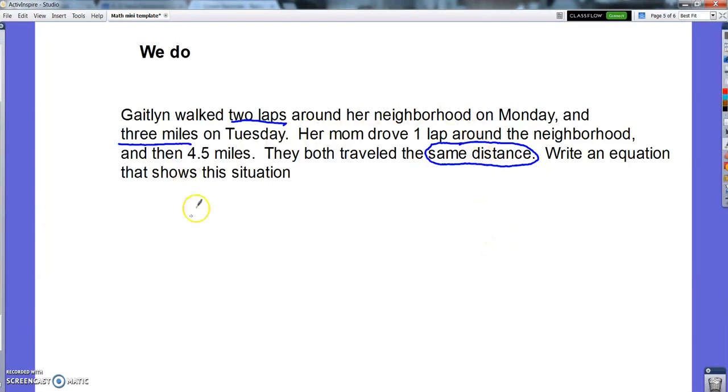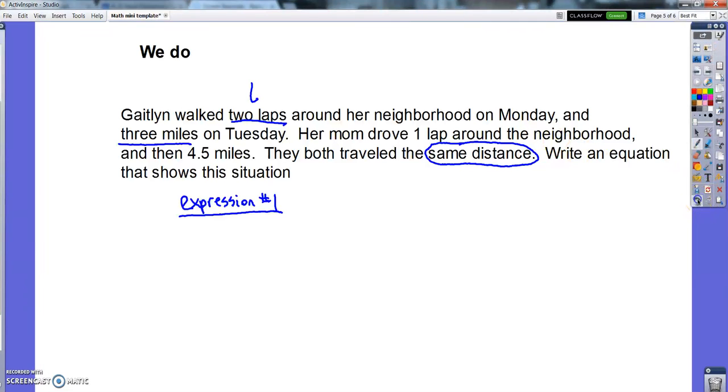Alright, so let's talk about my info here. Expression 1, just because it's in order, will be how far Gaitlin walked. So she walked 2 laps around her neighborhood. I don't like L as a variable for lap. I don't know how far a lap is. There's certain letters I don't like. L's kind of look like 1s.